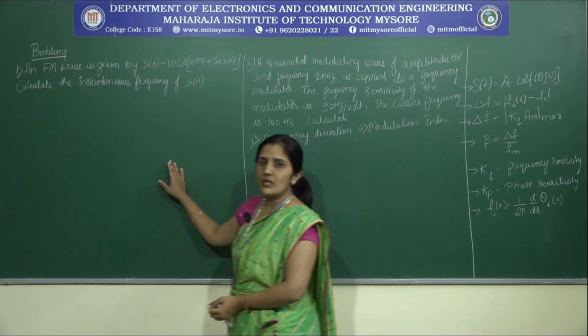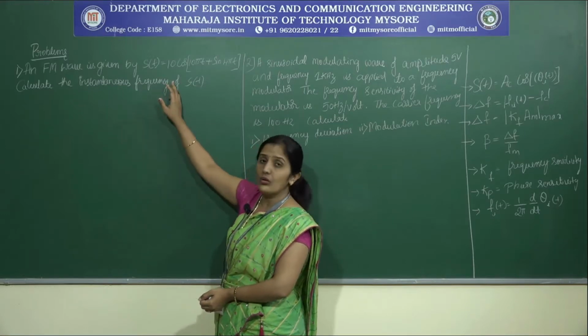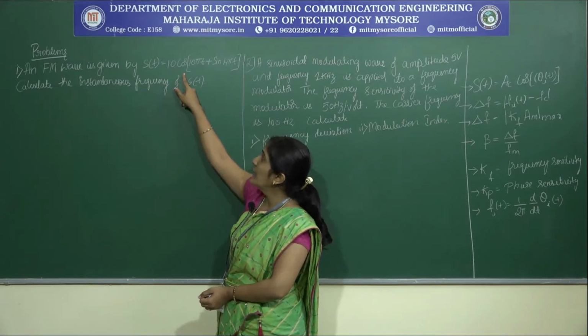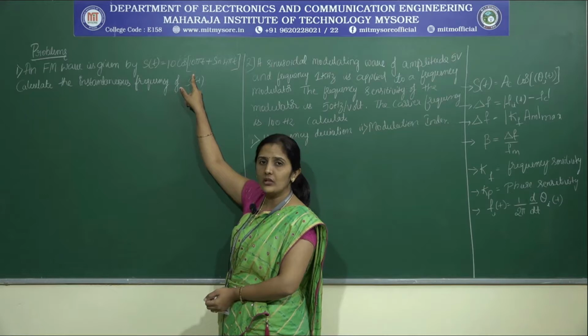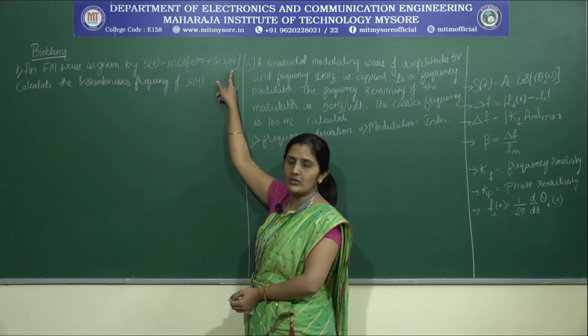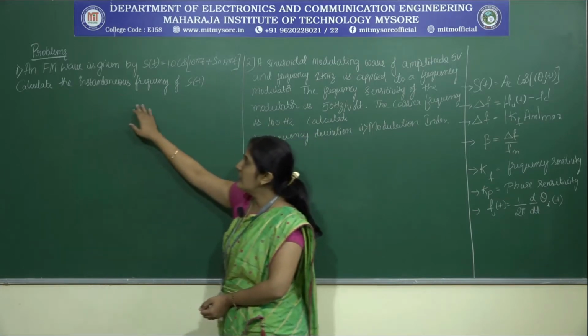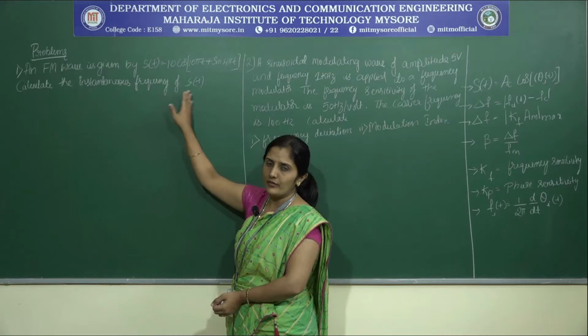Now let us see the first problem. I have given the FM wave, S of t is equal to 10 into cos of 10 pi t plus sin 4 pi t. So this is the given S of t, and we have to calculate the instantaneous frequency of S of t.